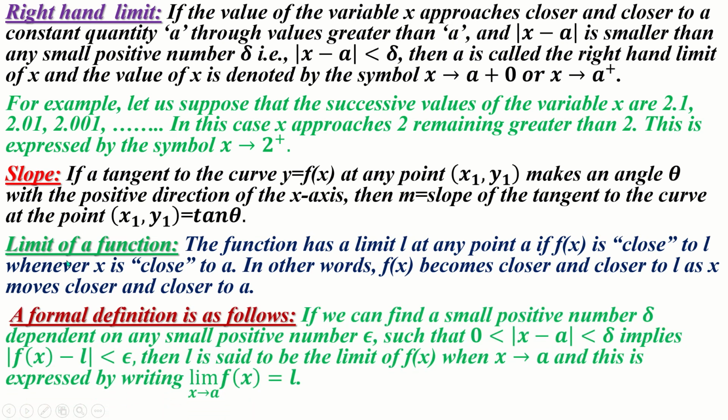Formal definition of limit of function: if we can find a small positive number del depending on any small positive number epsilon such that 0 less than absolute value of x minus a less than del implies absolute value of f of x minus L less than epsilon, then L is said to be the limit of f of x when x tends to a, and this is expressed by writing limit x tends to a f of x equal to L.